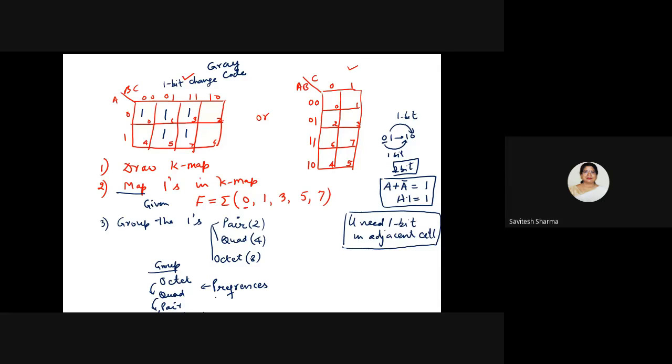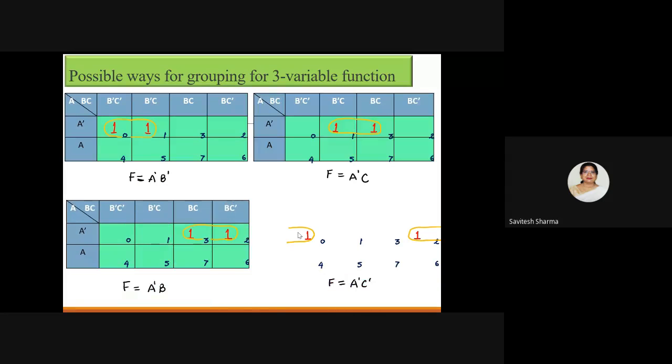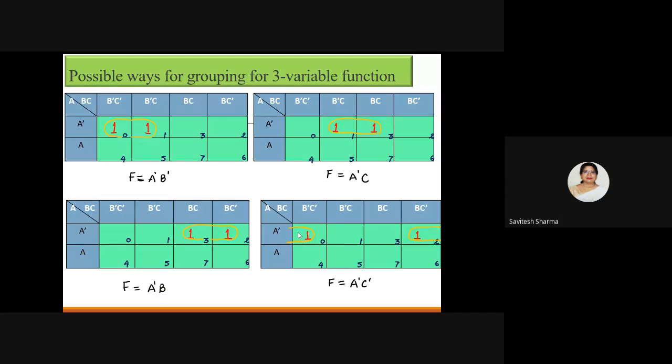So let me tell you, if suppose you have a quad, a pair, an individual, how to write the expression. Please see how to write the expression. Here I am just telling you how to group. If suppose you have a pair in the K-map, see the first case.